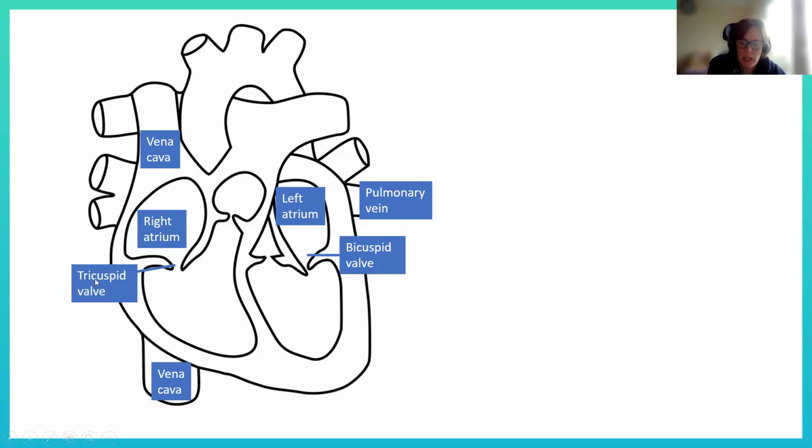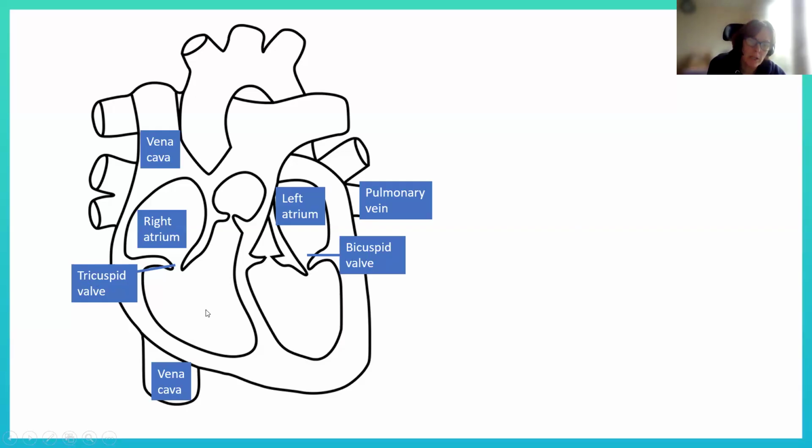So tri for 3. Whatever language you speak, you know that in Welsh it goes un dau tri. So tri is literally the word for 3 in Welsh. And bicuspid valve, bi for 2. So that and that do the same job, but on the different sides of the heart, and they just look slightly different, with a different number of flaps.